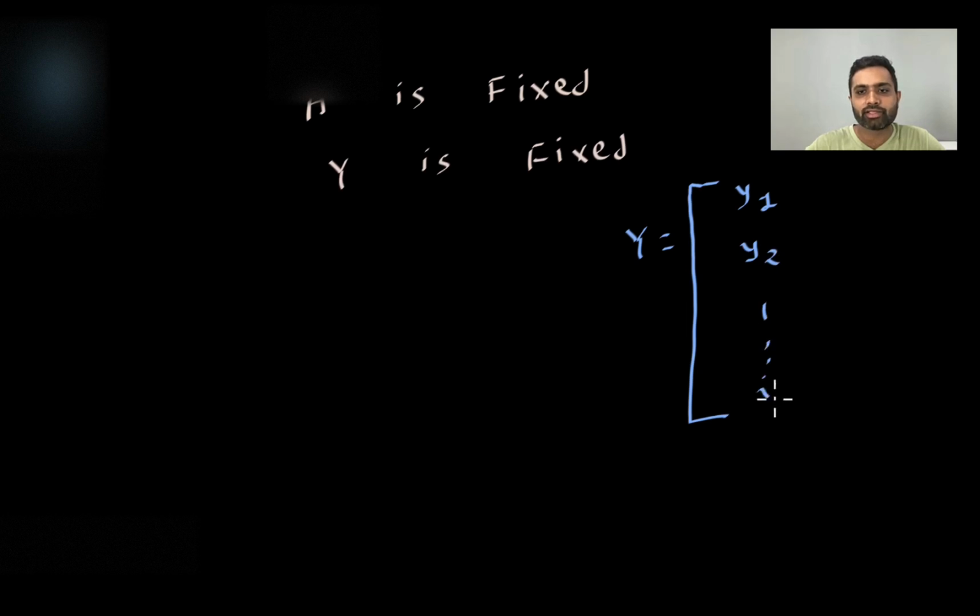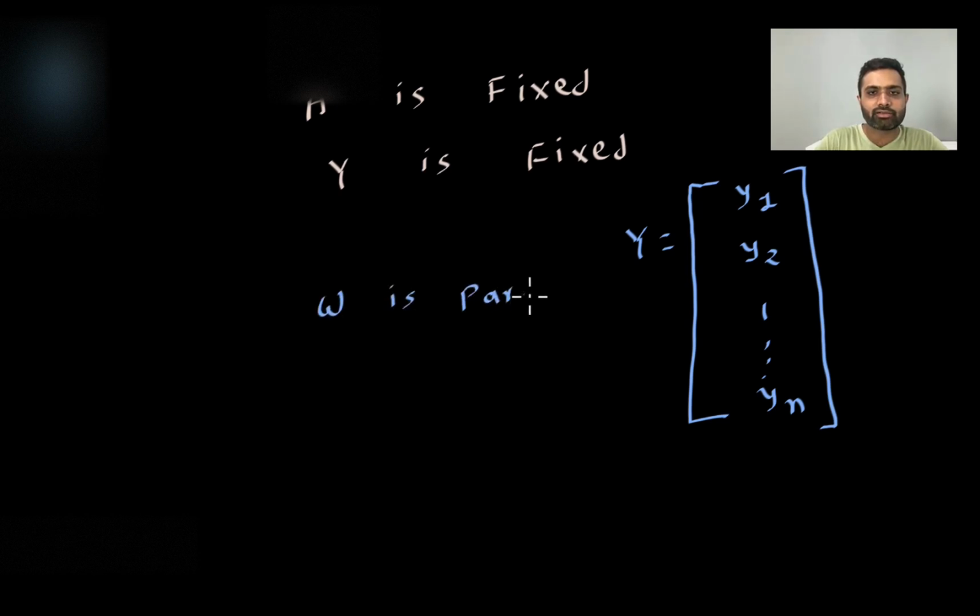The capital Y form is something like this: a column vector where the first entry corresponds to y subscript 1, the second entry to y subscript 2, and likewise there are n entries. So it is a column vector of n rows. And what is the variable in this entire equation? Only w is variable, and that is the parameter we are interested in. W is the parameter or variable.